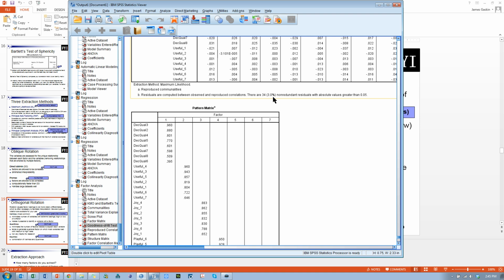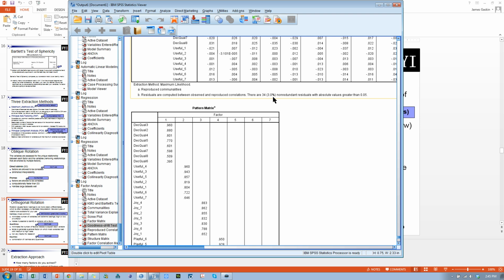So you get these rules of thumb. For example, in the specific case of you want less than 5% non-redundant residuals, say more about where the logic comes from in defining that number. Again, we're trying to minimize the error. This is an explanation of how much error we're observing with these factors.